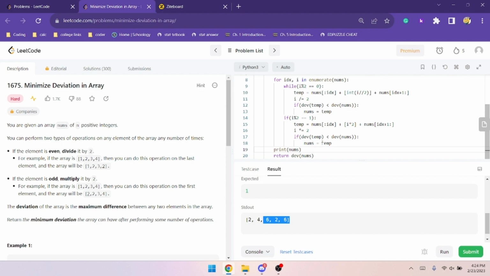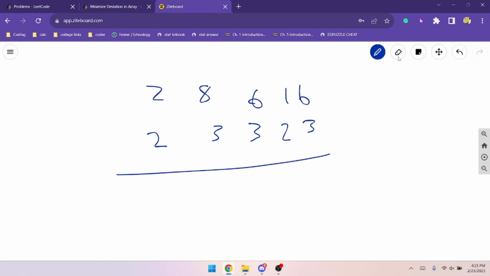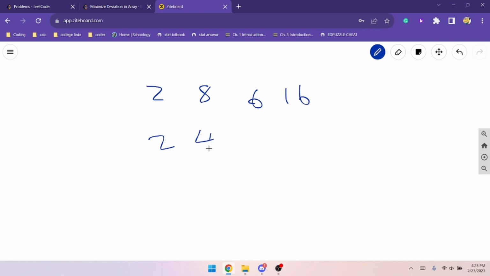Alright, I think I'm going to attempt a new solution. My new solution is going to be strictly greedy. So it's going to look at the maximum number and try to make it smaller. I don't think my O(n) solution works, so I'm going to try to do this instead.